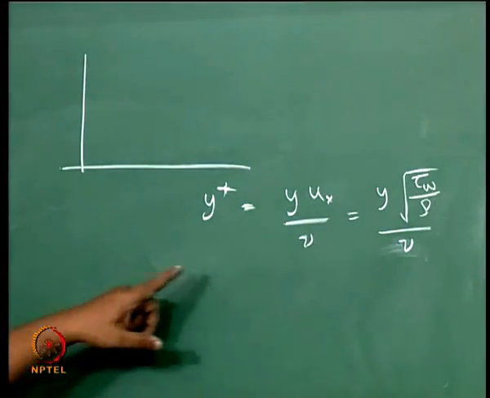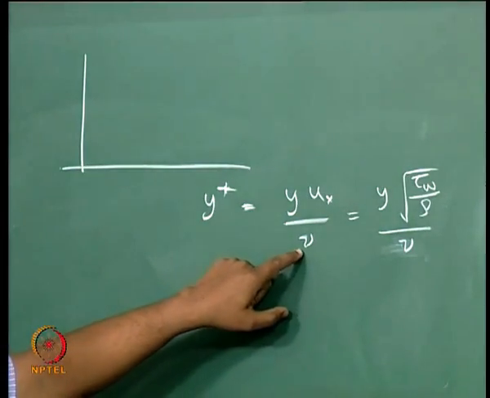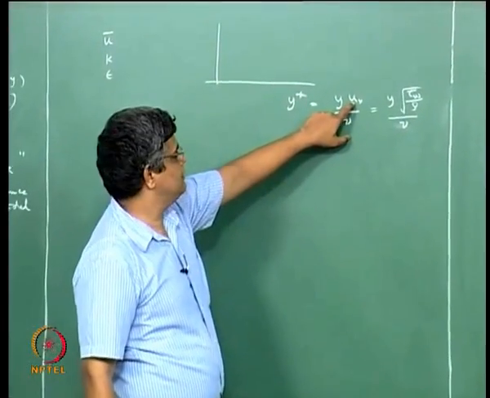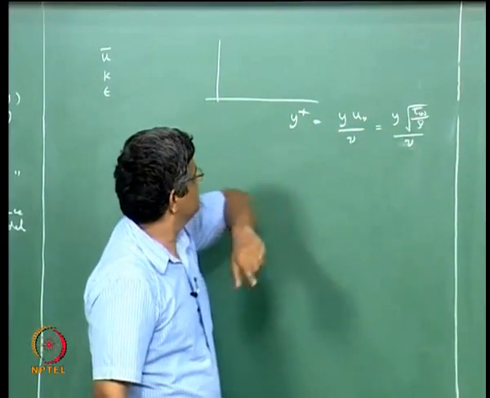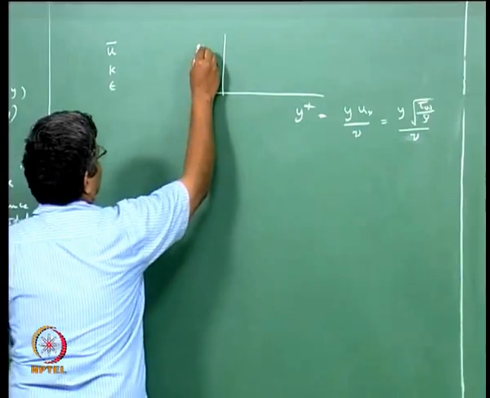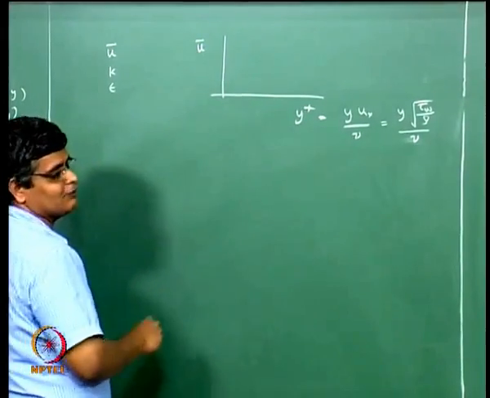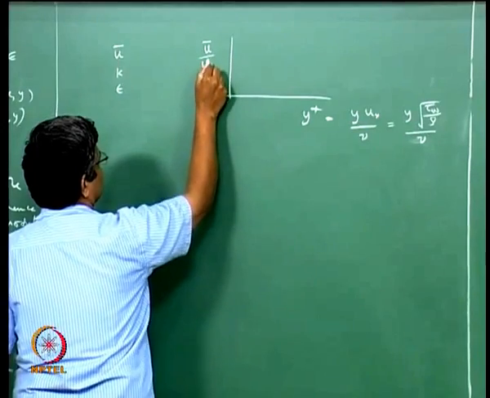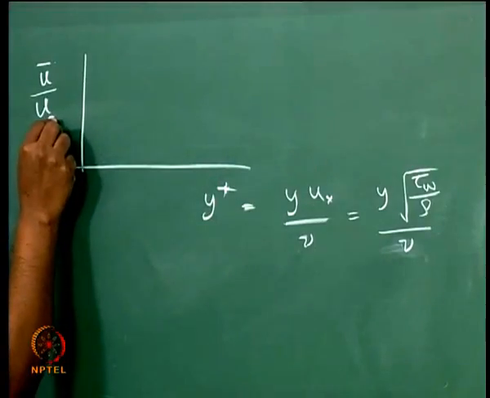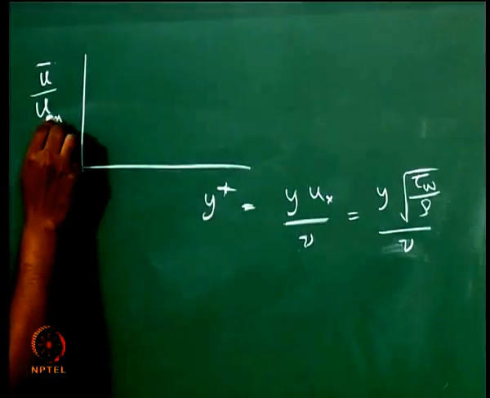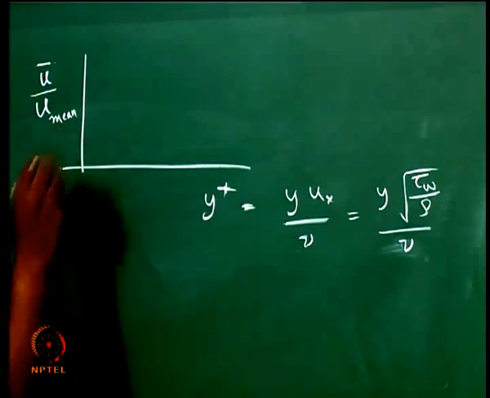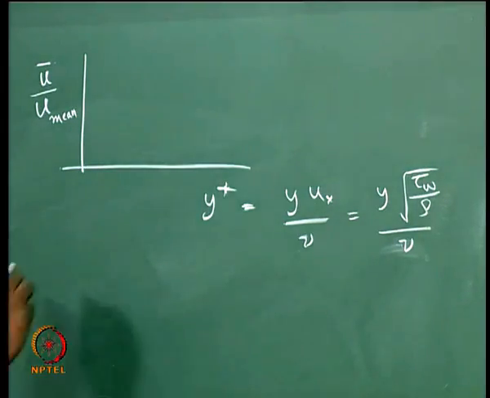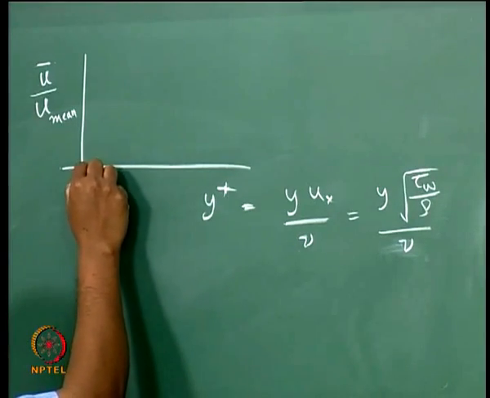Okay, so we are bringing in the kinematic viscosity of the fluid here, and we are non-dimensionalizing with respect to this friction velocity, which is a function of this. And now if you were to plot this mean velocity, which is again non-dimensionalized with respect to for example u max or u mean, as in the average velocity in a pipe like that, then it shows a characteristic variation.